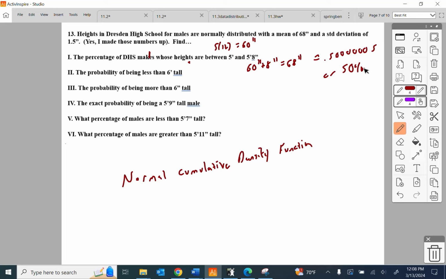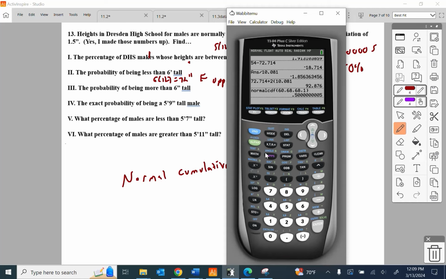The probability of being less than 6 foot tall. So if you're 6 foot tall, you're 72 inches tall. Now when we think about how normal CDF works, this is going to be what we call the upper boundary. So second, VARS, normal cumulative density function.